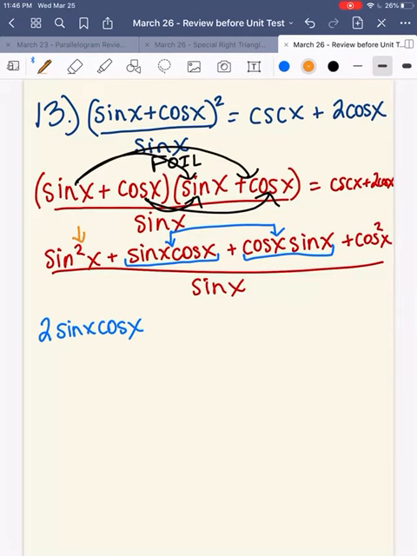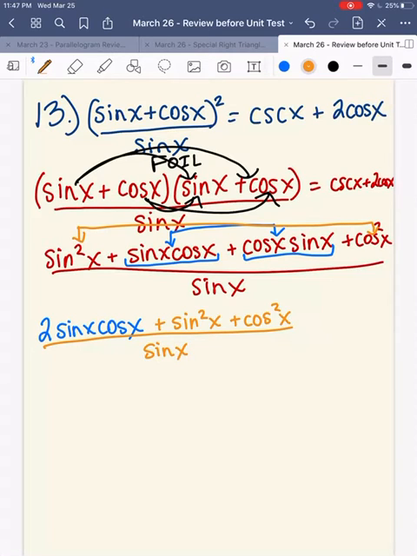Then the other thing I want to point out is I'm going to rearrange the order and put these two guys beside each other, okay? Now, those are still two terms. So basically this is kind of what I did in the review.